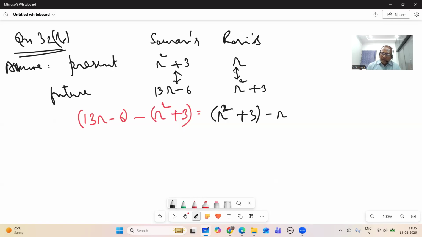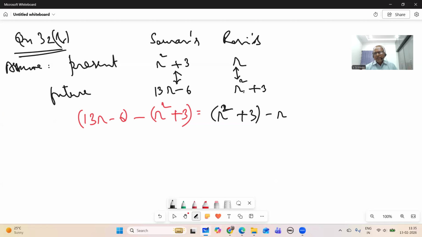And the same amount of time is also consumed by Saurav to reach this age. This amount means 13r minus 6 minus (r square plus 3). This is the same amount of time which Ravi's father takes.